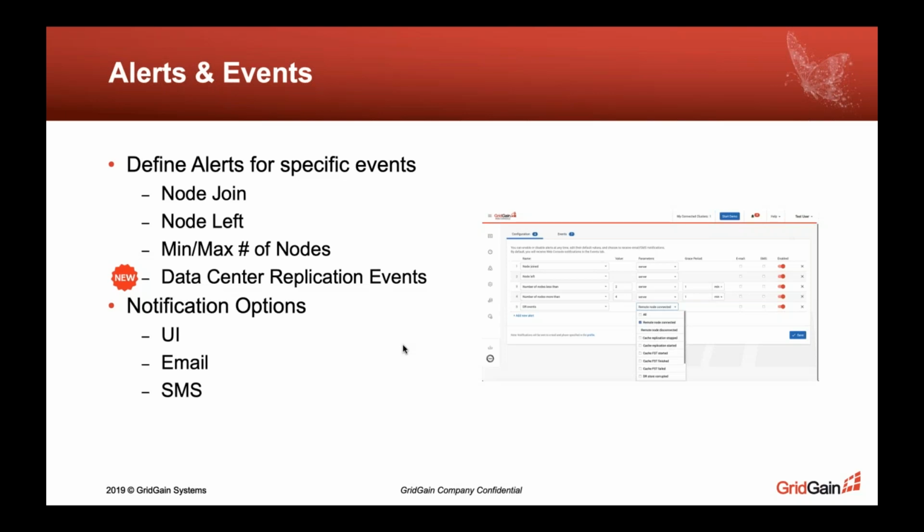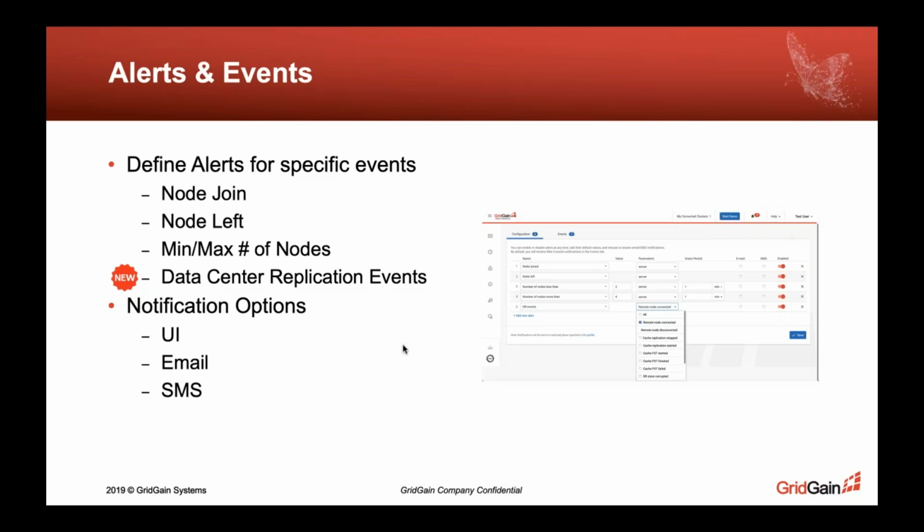And so as we provided more event information in the data center replication tab, we also added alerts that we could set for those events. Some examples of the new alerts we've added around data center replication are when a remote node has connected, either from the sender or the receiver side, or when it's disconnected.